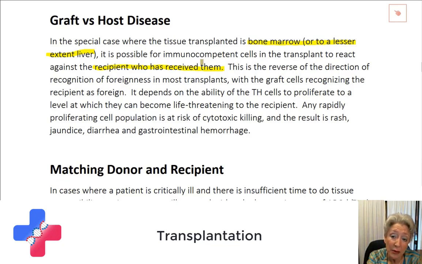So what has to happen immunologically for such a rejection to become life-threatening is that the engrafted cells have to proliferate. They have to clone themselves in order to reach a density of concentration that there are enough of them to actually cause the damage to the host.